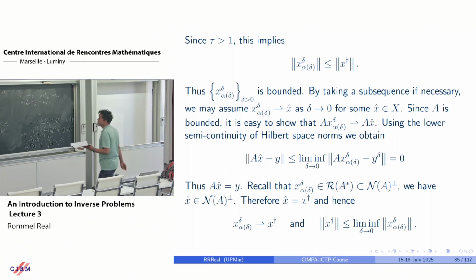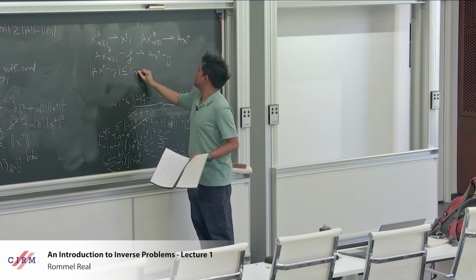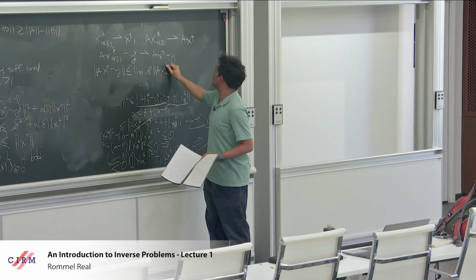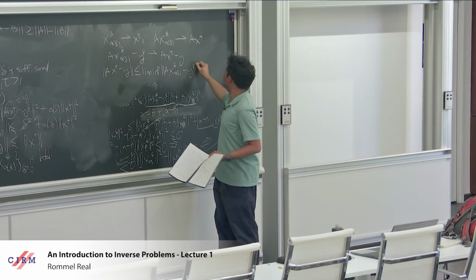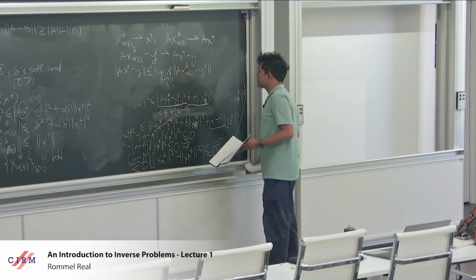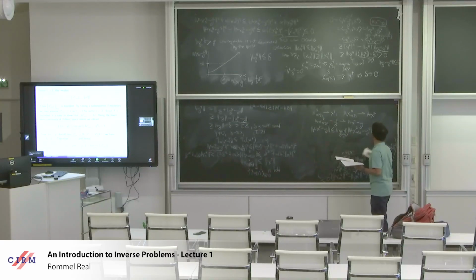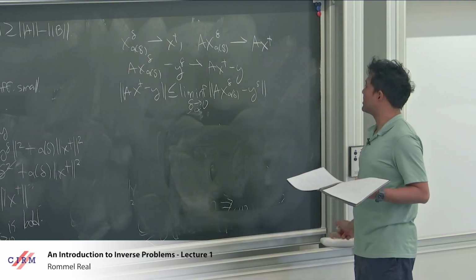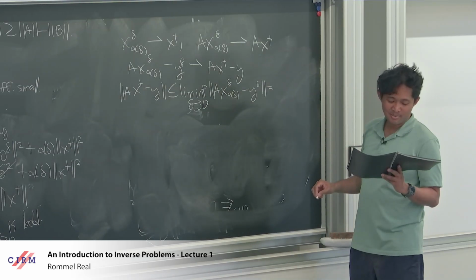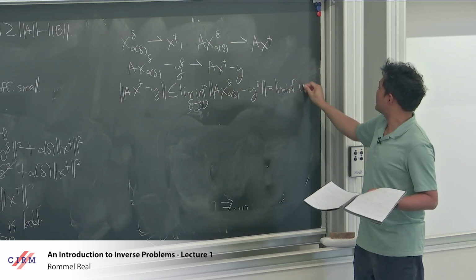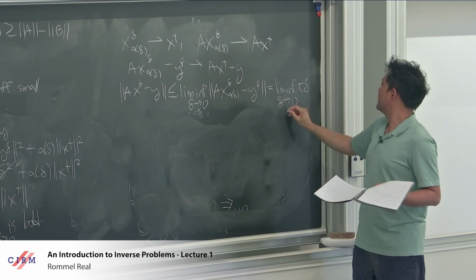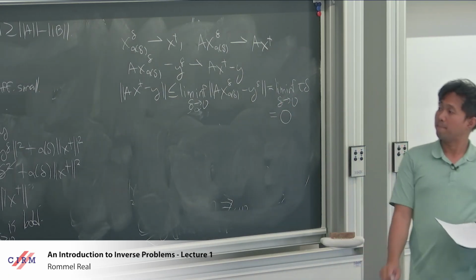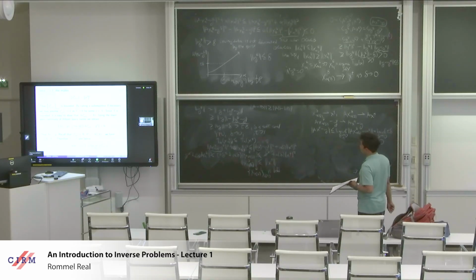But from that result, we know the value of the previous term, because alpha of delta is chosen by the discrepancy principle, so that's simply the inf of tau delta, and that is just 0 as delta approaches 0.